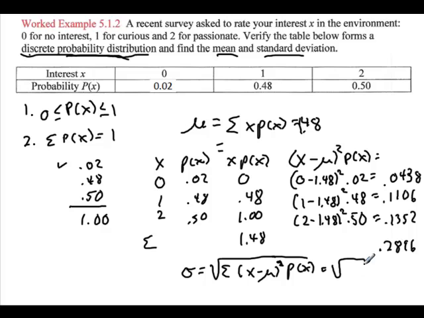Finally, we put that under the square root, and then I can round my final answer to 2 decimal places, and I get approximately 0.54.